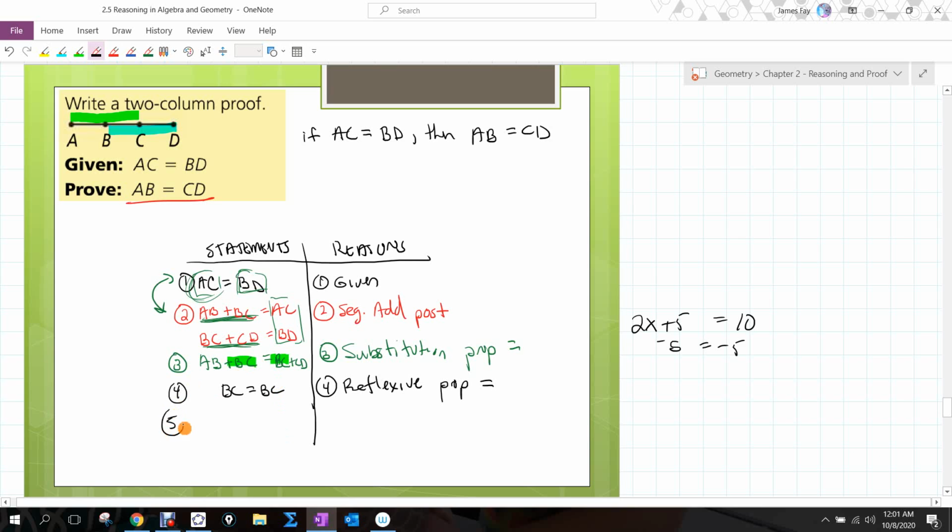So now, if I think about this, BC is the same value on both sides, so they really cancel out, and what you're left with is AB equal to CD. Is that what we were trying to prove? It's indeed what we're trying to prove. And if I wiped BC off of both sides because it was the same amount on both sides, that's the subtraction property of equality.